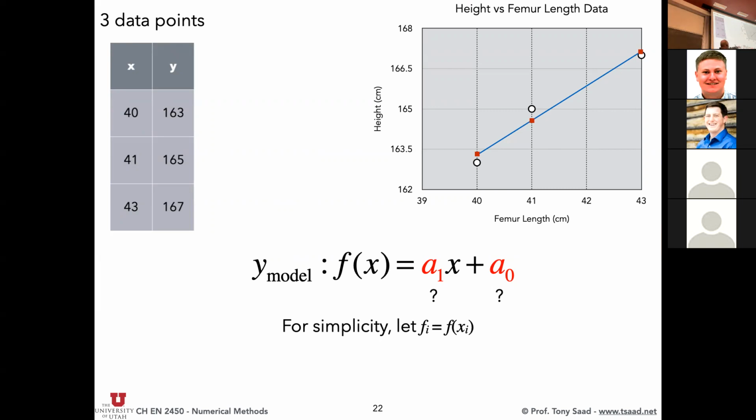So if I take a1x plus a0 and apply it at x1 equals 40, I'm going to call that f1. Okay, and that is going to give me the first red square.